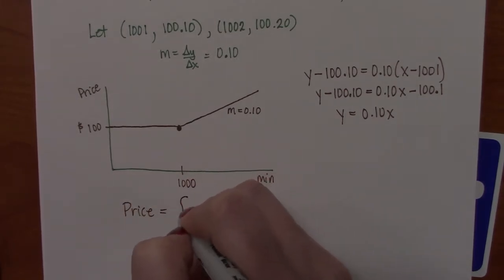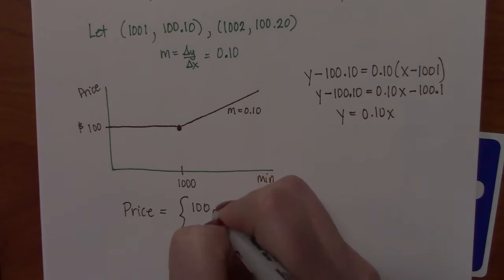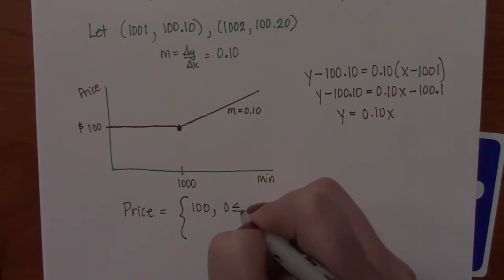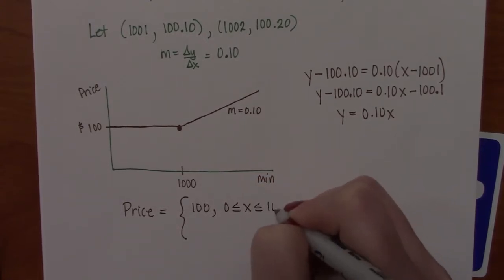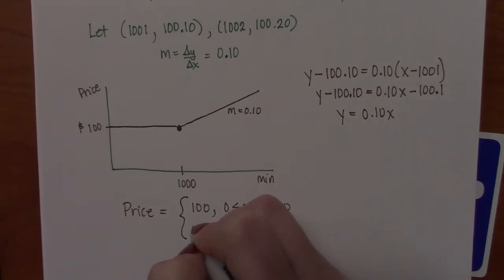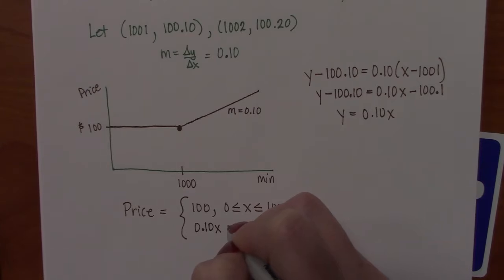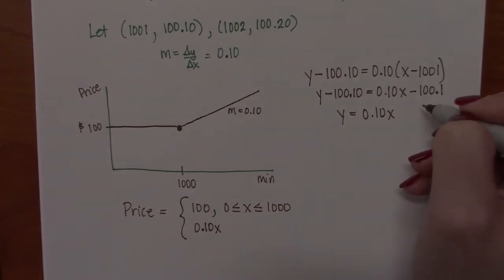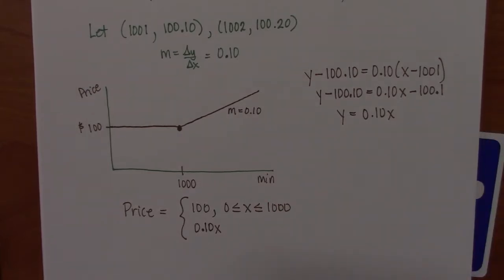Price equals the equation 100 when x is between 0 and 1,000, and it's 0.1x, it should be plus 100. I feel like something mathematically didn't work here. Because you still should be paying that plus the additional $100.